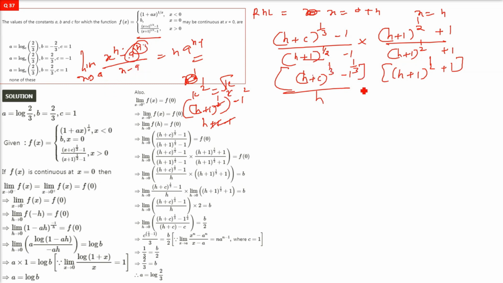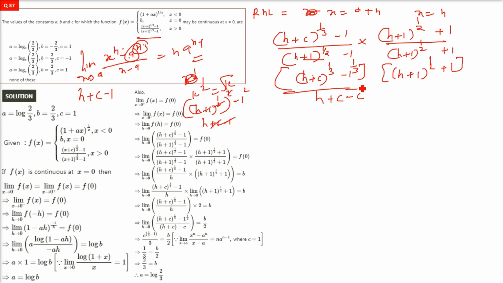We are discussing x raised n minus a raised n by x minus a. So you have h plus c minus 1. I am saying we have to have h plus c minus 1 in the denominator also. Since in the answers we see c equals 1, this is a point you have to understand really well.